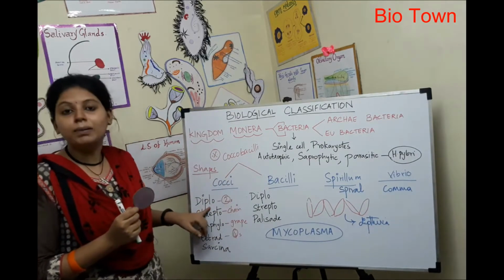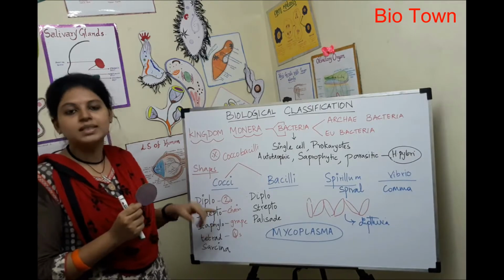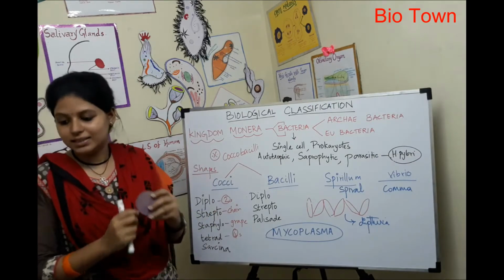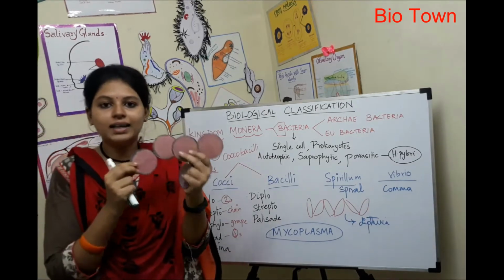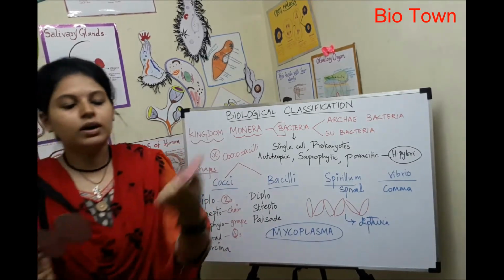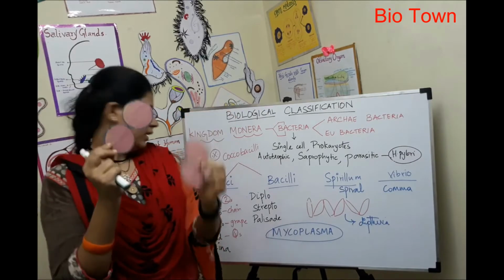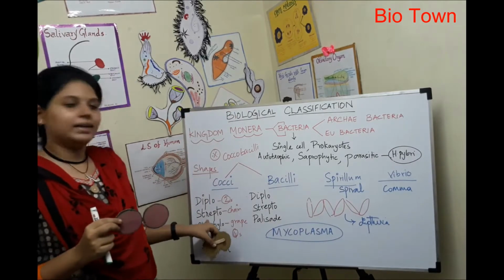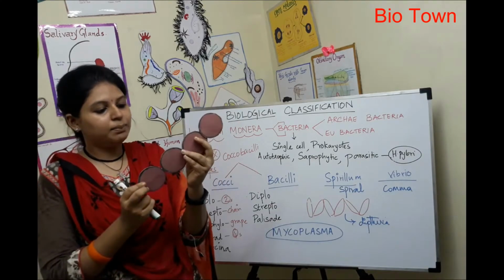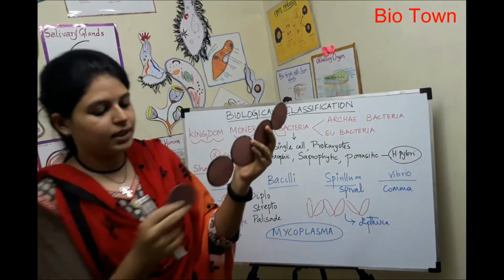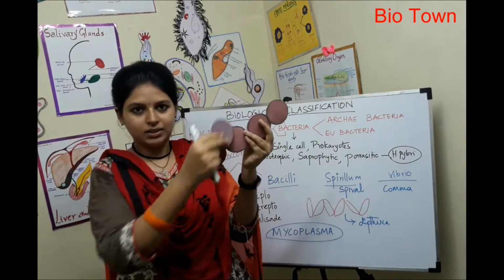Next is diplococci, which means these bacteria exist in pairs, like this. So you call it diplobacterium. They occur in pairs. Next is streptobacterium, which means that they occur in chains. Many diplobacteria occur in a chain structure.